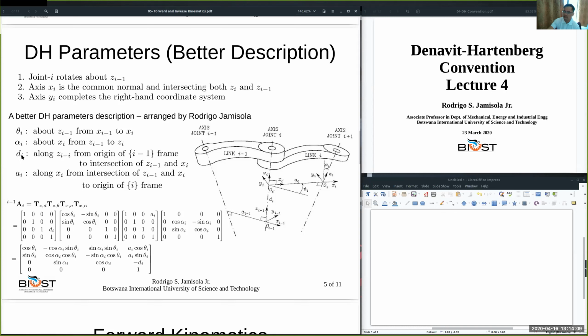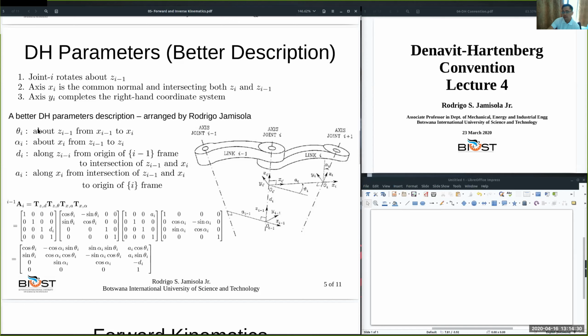In this DH parameters description, I modified it so that students, and myself, it helped me a lot, can remember exactly how to derive the values of each of these DH parameters.